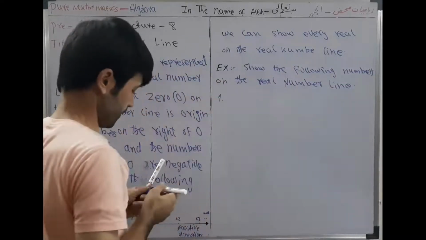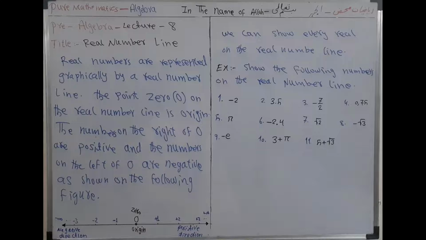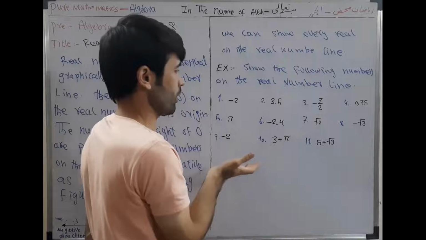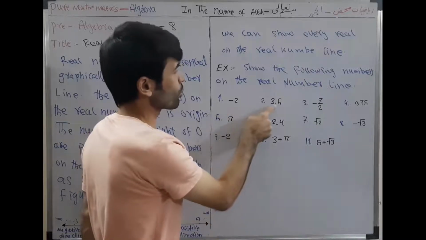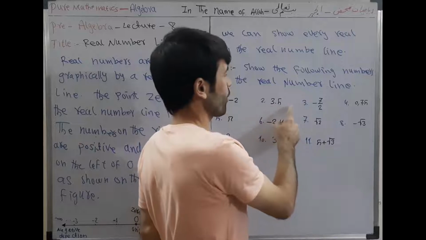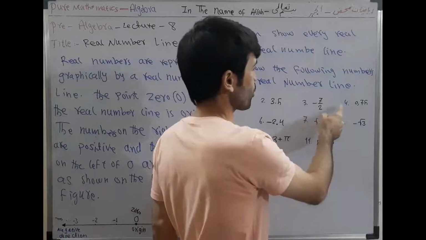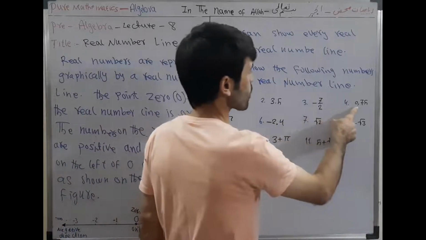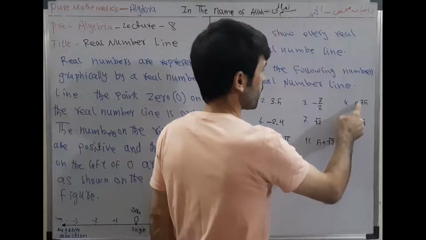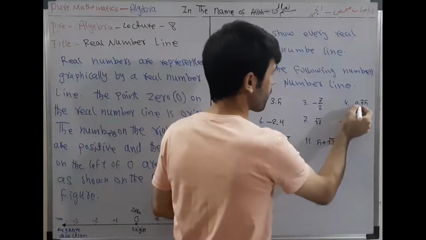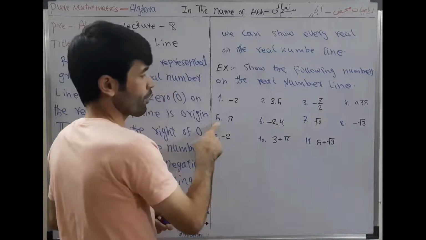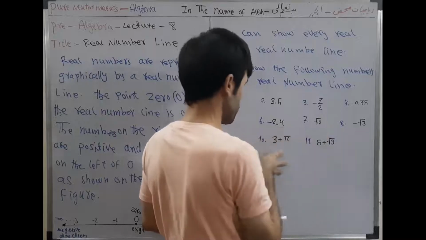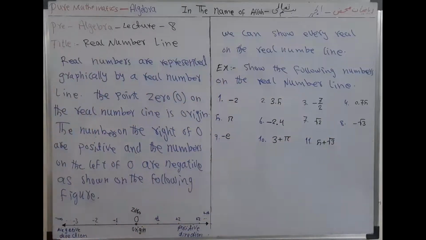Number 1, minus 2. Number 2, 3.5. Number 3, minus 7/2. Number 4, 0.75. Then pi, square root of 2, minus 2.4, and so on. We want to show all of them on the real number line.